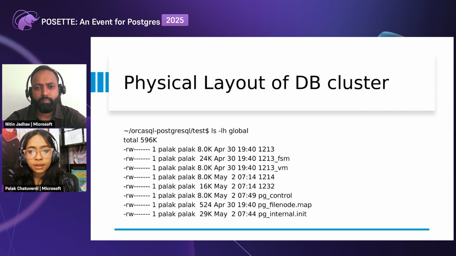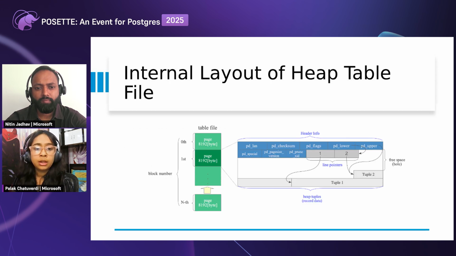So the corruption can occur in any of the files present in our base folder. But now we'll look at how the internal layout of a heap table file looks, because any part of this can be corrupted, since these are just hex random bits, so anything can be corrupted.